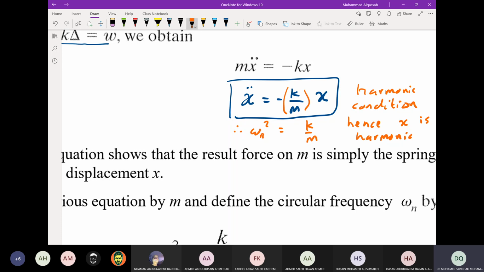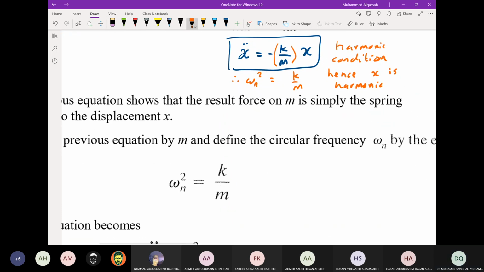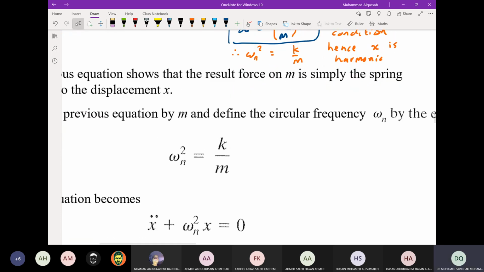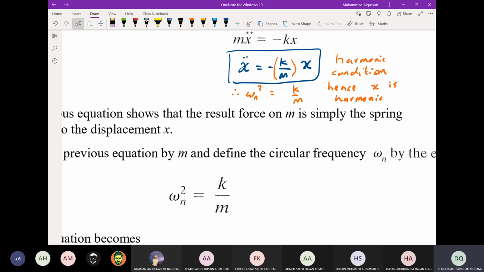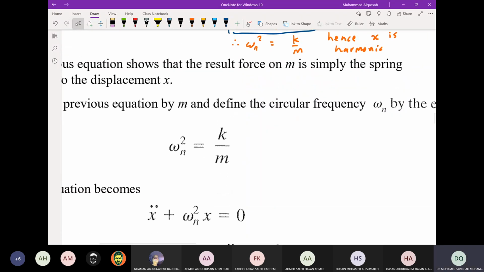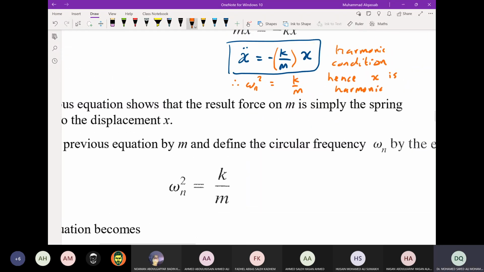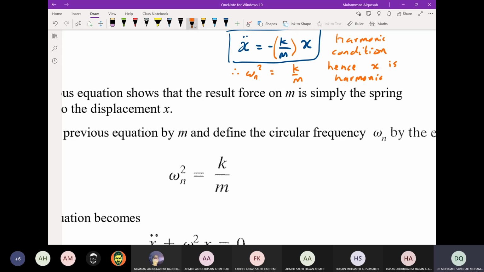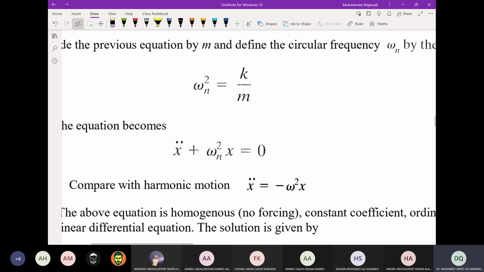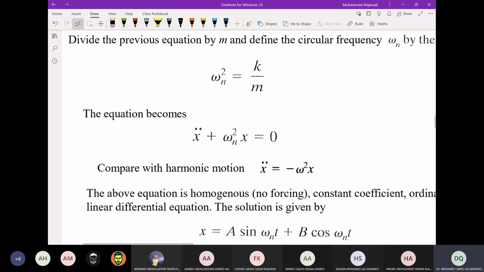The equation can be rearranged as a differential equation as well. This harmonic condition is in fact a differential equation. If you put the terms all on one side, then you replace k over m with omega n squared, and this becomes x double dot plus omega n squared x equal to 0.